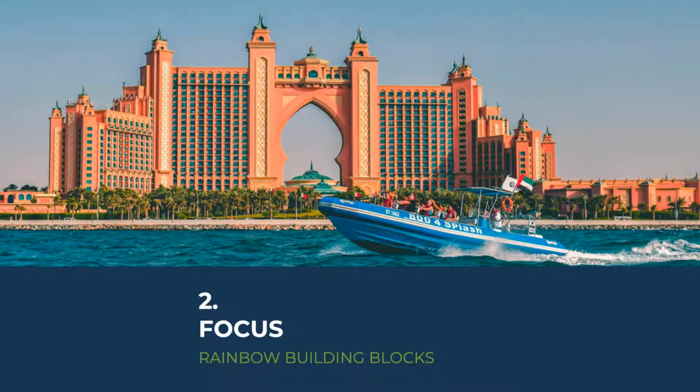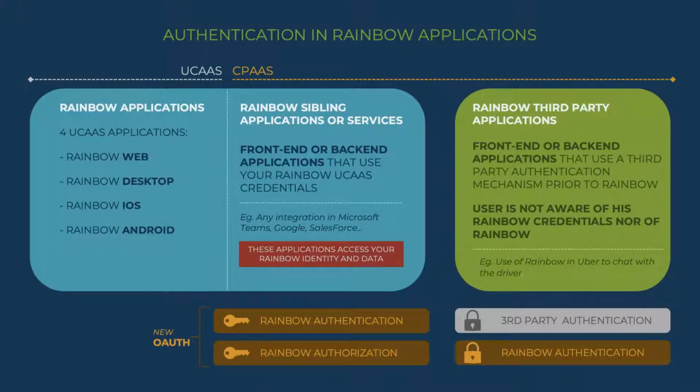So, as I explained, the main goal of that webinar is to show you how to secure your Rainbow application regarding your users. As you know, depending on the type of application you are developing, the way to authenticate your Rainbow user is different. On the right side, the green area, you have the Rainbow third-party application.